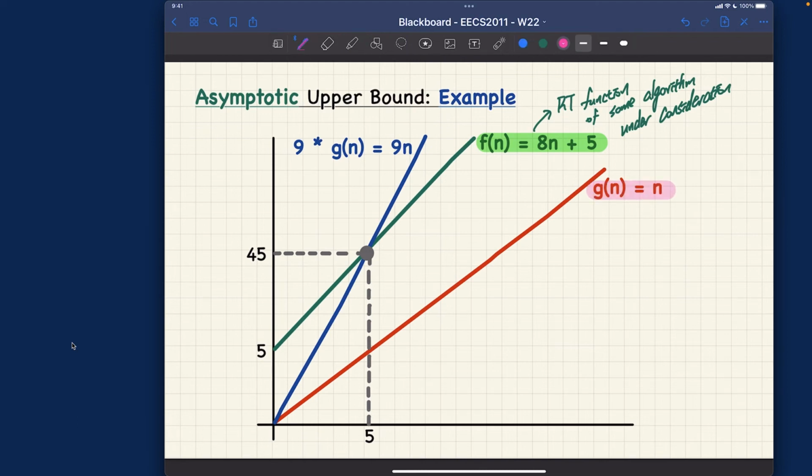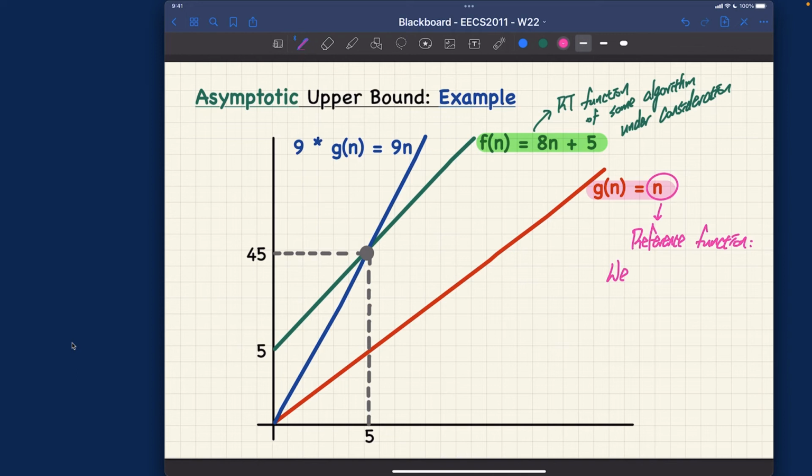You can think of n as a reference function.